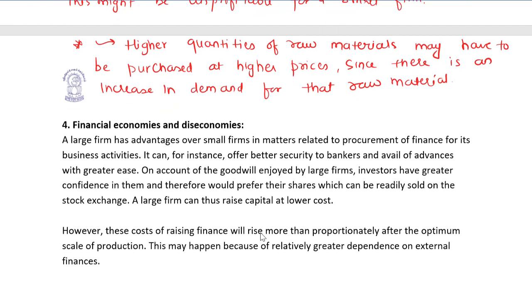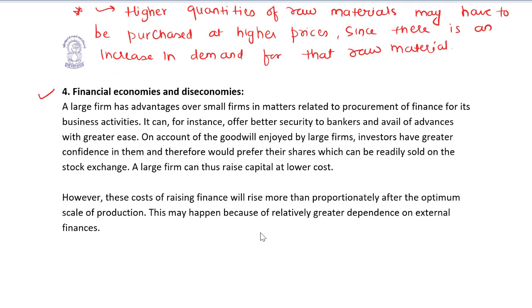Let's continue ahead with financial economies and financial diseconomies. Financial economies means what? The larger firms have financial benefits because they can get finance easily from the banker or financial institutions. It is quite easy for the large firms to get finance, to get credit facility, to get overdraft facility from the banker.